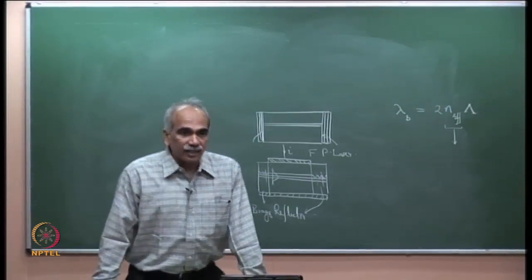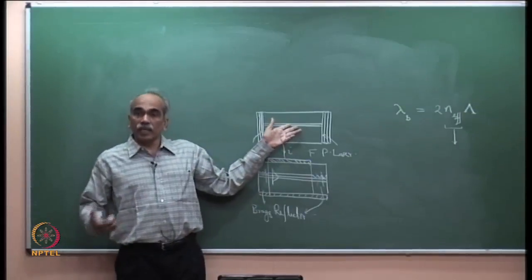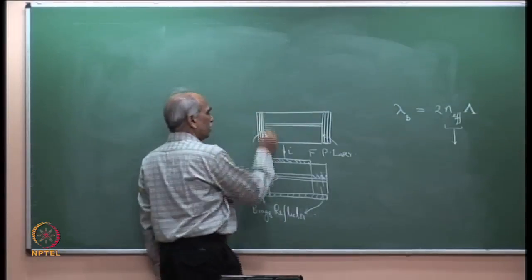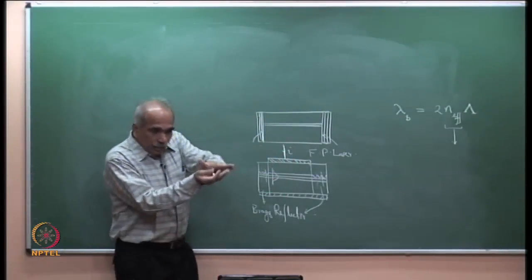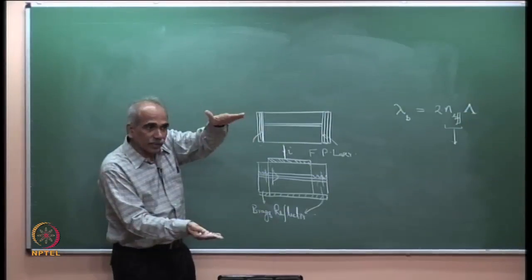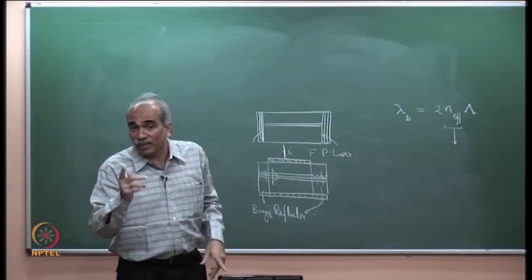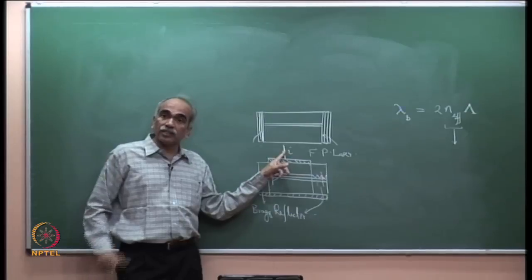When carriers are injected, the medium has gain or loss depending on injection of the current. Depending on injection of current, we can make either EFC minus EFV greater than EG or less than EG. If it is greater than EG, then only we have gain. So, the injection current determines whether there is gain or not.